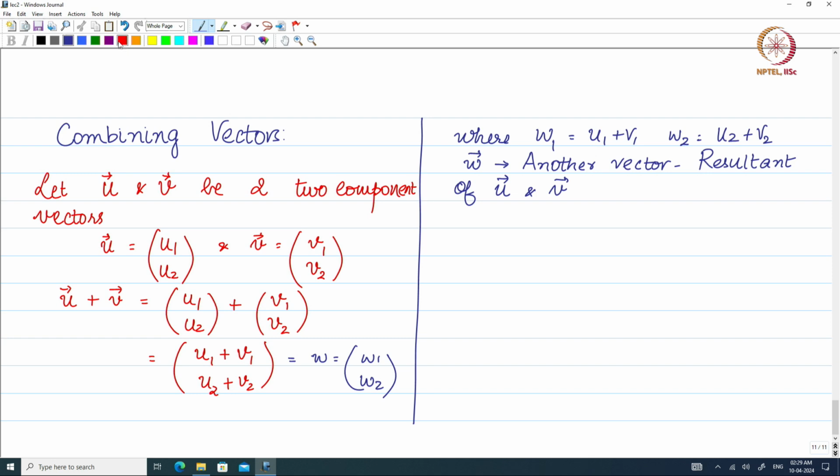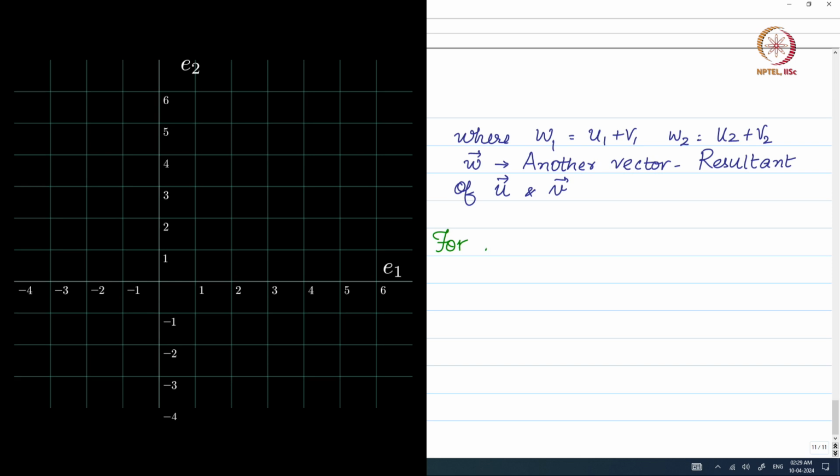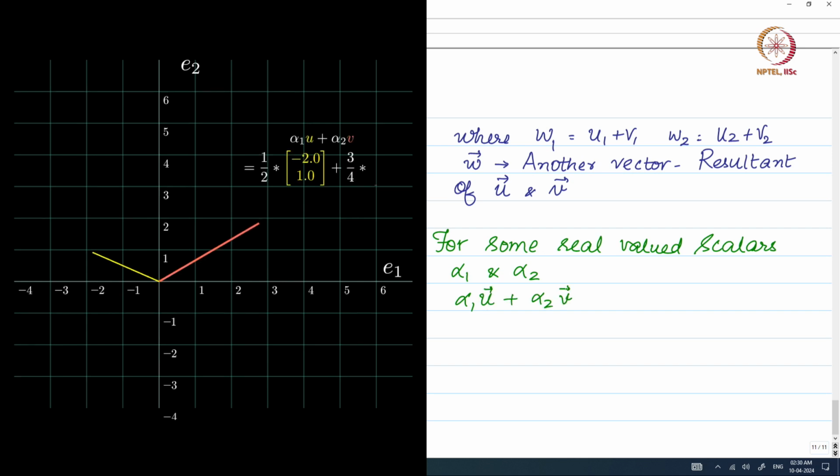Similarly, we can do the scaling. Let us assume that for some real valued scalars, alpha 1 and alpha 2, we can write alpha 1 u plus alpha 2 v as alpha 1 times (u1, u2) plus alpha 2 times (v1, v2).